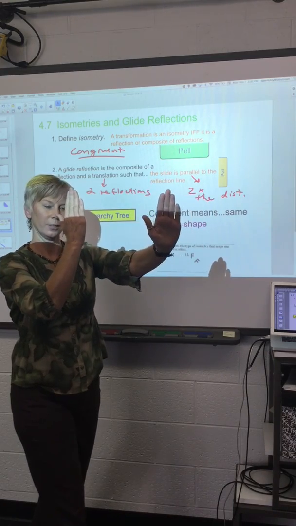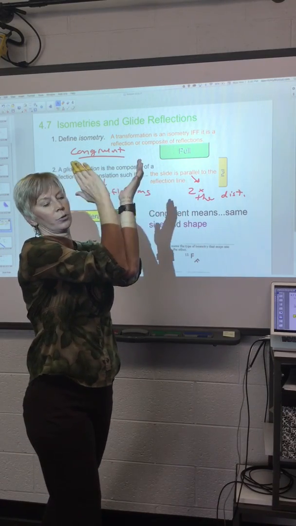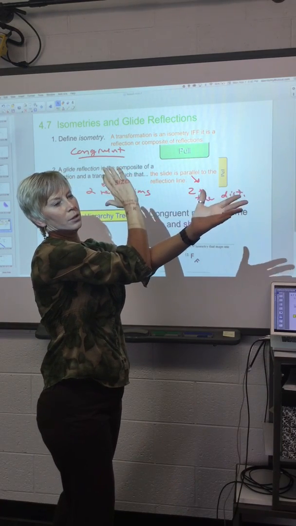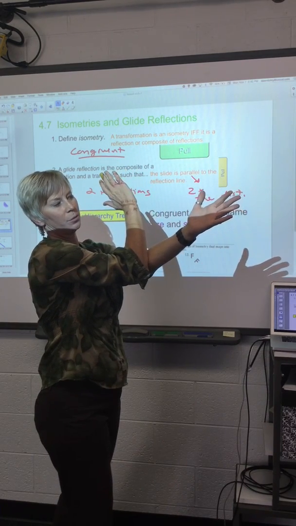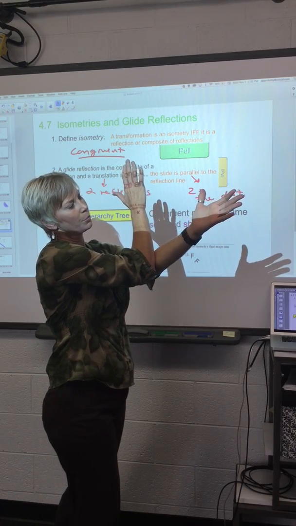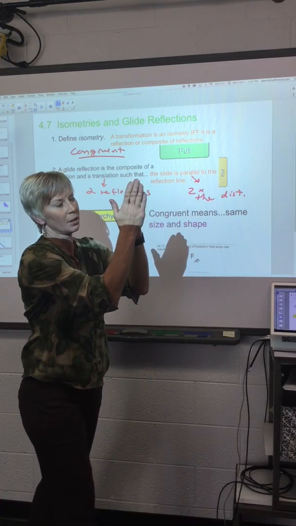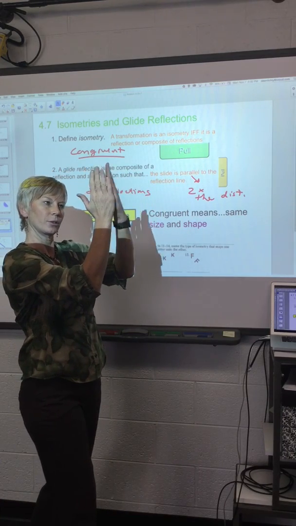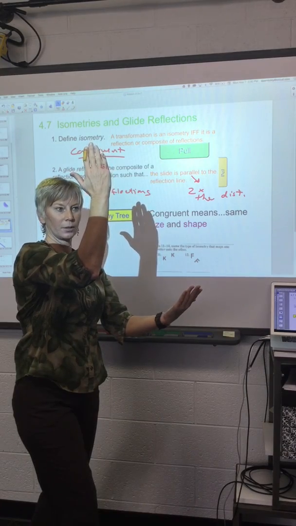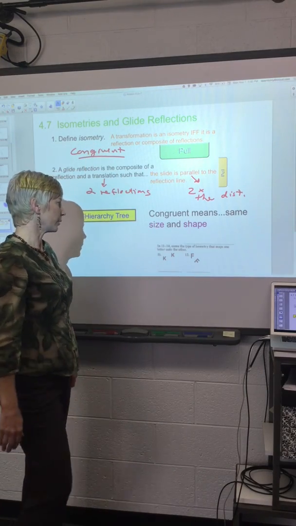That's a slide. And then a rotation would be like you lock your elbows together and then rotate. So orientation here is the same. Thumbs are still kind of off to the top or left of your hand. And then a glide would be this. You reflect and slide. So you slide apart and reflect.